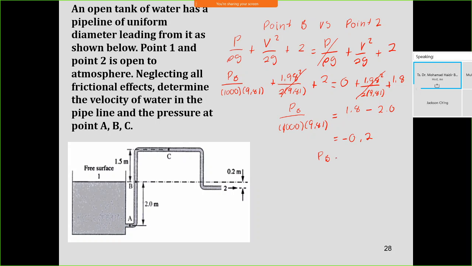So PB is equal to negative 0.2 times 9810, which is negative 1962 Pascal.